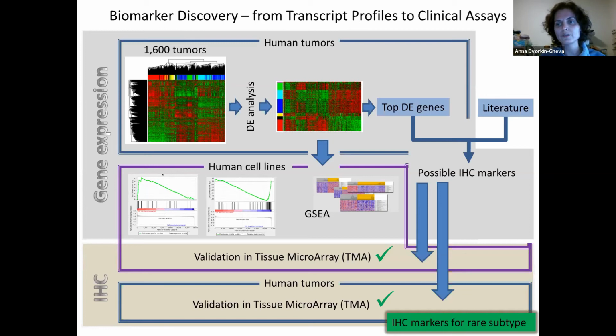Next, we moved to the human tumors. With the human tumors, we had a very large cohort of 942 tumors, so we had them in TMAs. However, the problem was that we didn't really have information about any of them being Claudin low because we only had the staining information for them, so we didn't have the transcript for them.